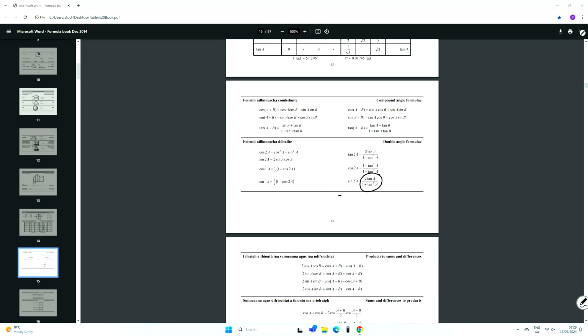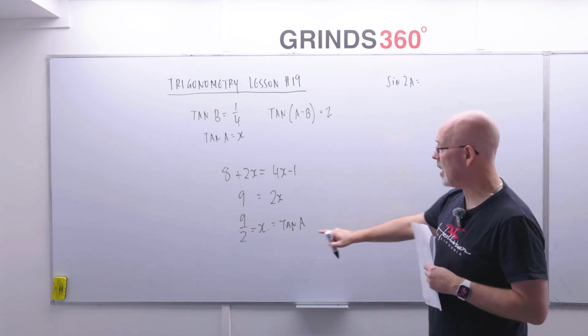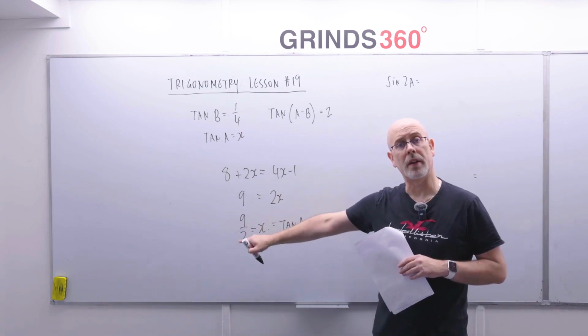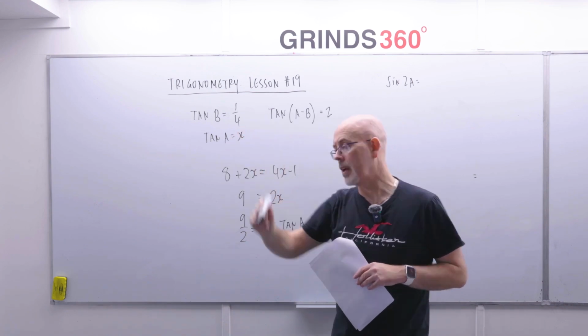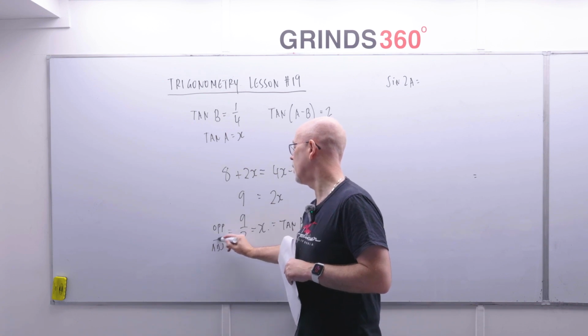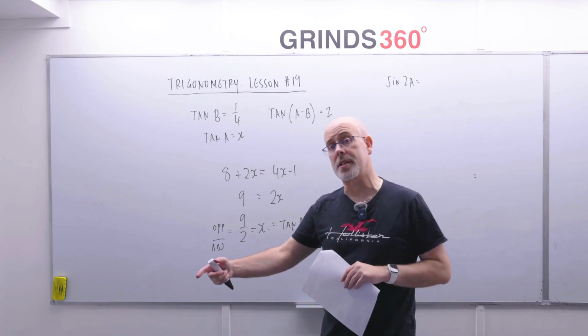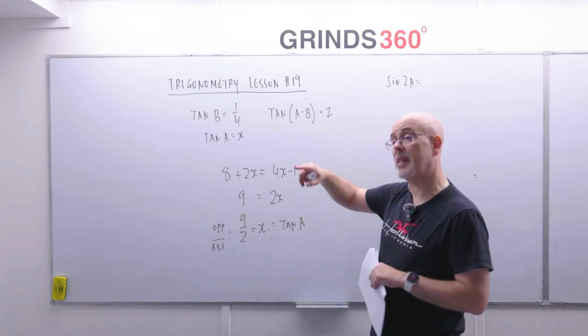I can use this formula here, because in order to find sine 2A, all I need to know is what tan A is. There's another one up here for sine 2A, but to use it I need to know sine A and cosine A. Since tan A is 9 over 2, the opposite is 9 and the adjacent is 2, so I could set up the right-angled triangle and use Pythagoras to find the hypotenuse, then write down sine and cosine.